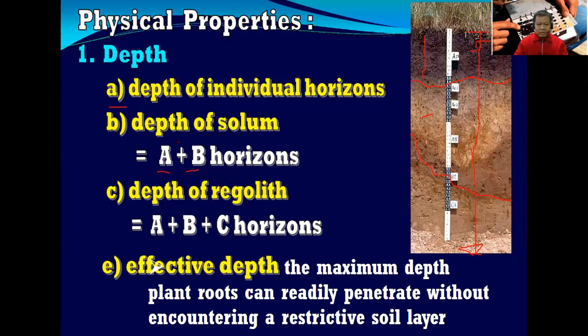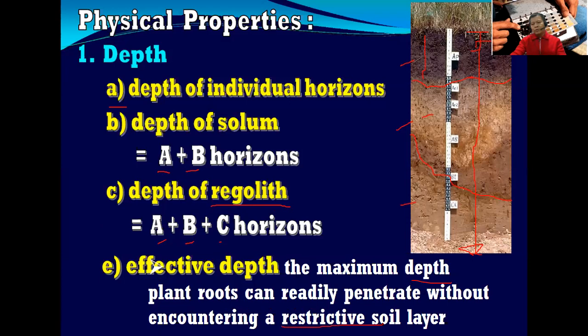Also included in the depth is the depth of the regolith. When we're talking about regolith, we're referring to the E, B, and C horizons in the soil profile, excluding the bedrock. Then kasama sa concept ng depth of the soil is the effective depth, meaning the maximum depth plant roots can readily penetrate without encountering a restrictive soil layer.